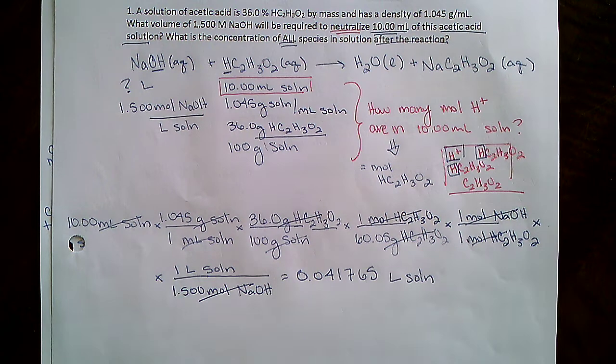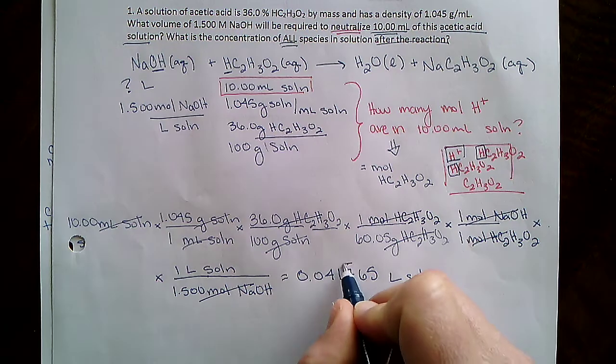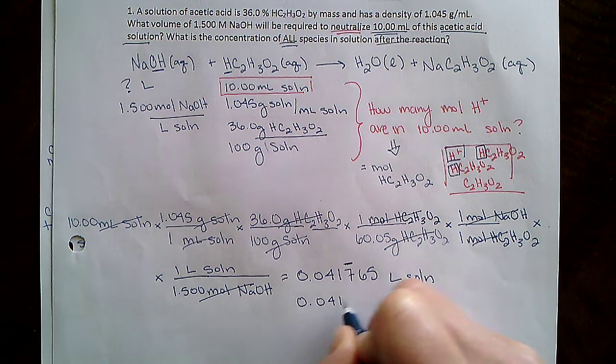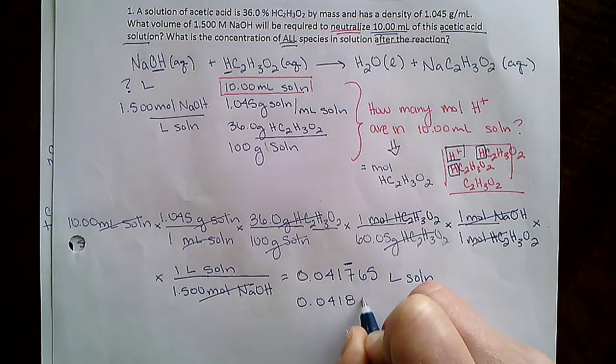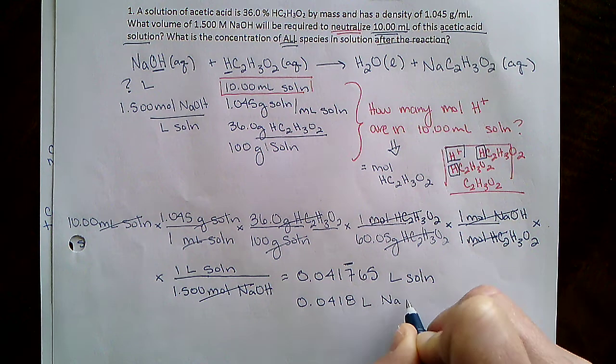Do I need all those digits? 4 sig figs: 4, 1, 7, 6. So 0.0417 tells us to round up. 0.04177 liters of the NaOH solution.